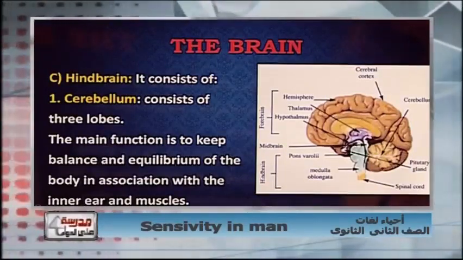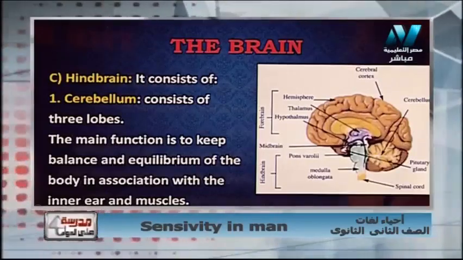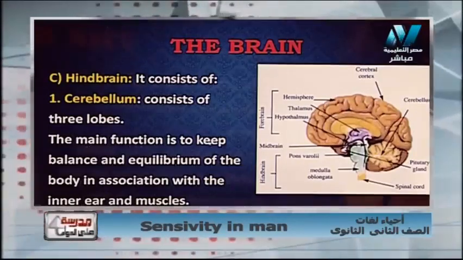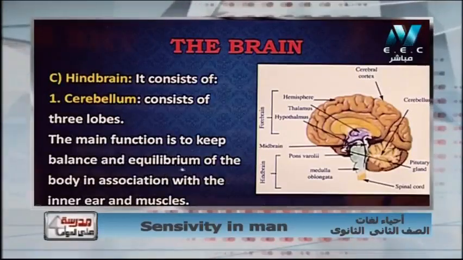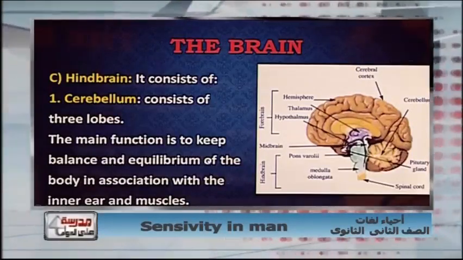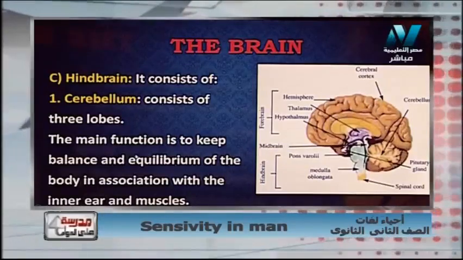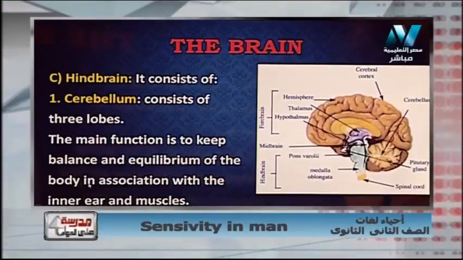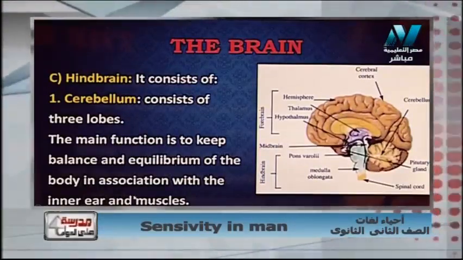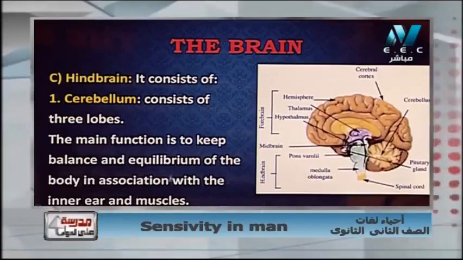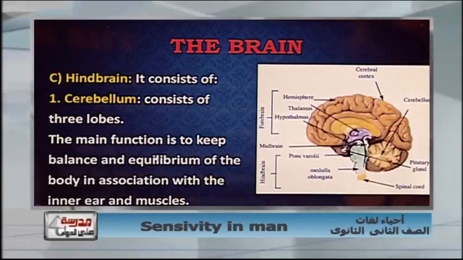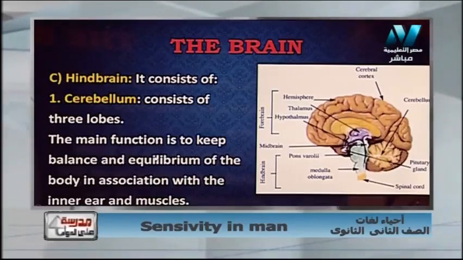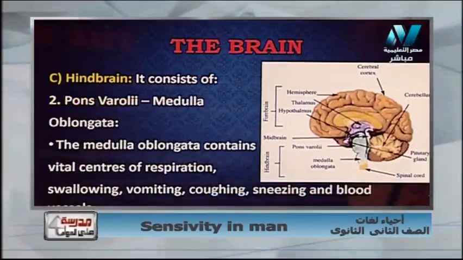The main function of the cerebellum is to keep the body balance and equilibrium, and it works associated with the inner ear and the muscles. So it's responsible for keeping the body balanced and keeping the equilibrium of the body.